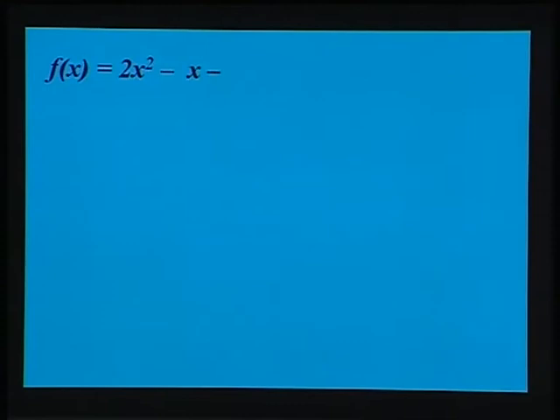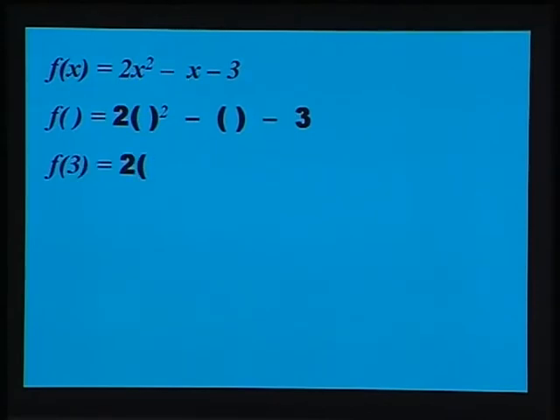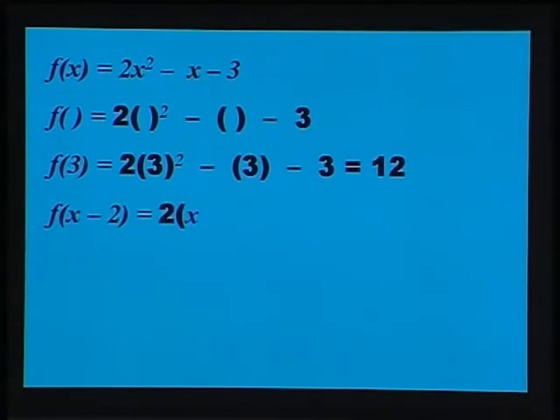So to evaluate a function is very simple. We just need to replace x by the value or the expression which we are using to evaluate the function. So to evaluate f of 3 when f(x) equal to 2x squared minus x minus 3, we write the function as follows, and then replace the parenthesis by 3.